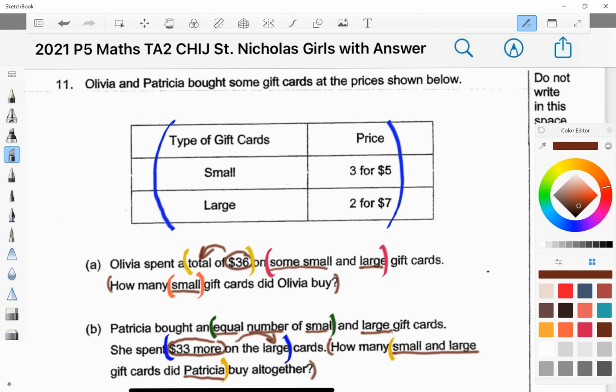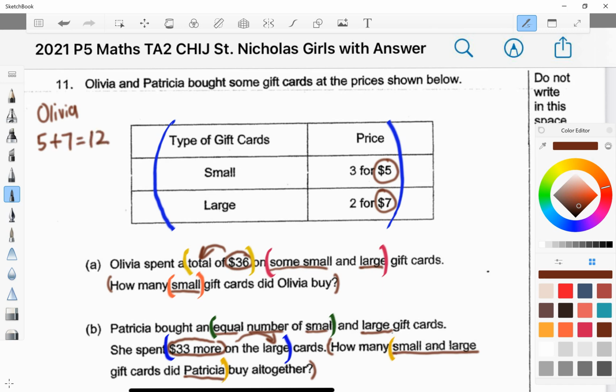And as I'm looking at this question for Olivia, my eyes are zooming into these two numbers here, the $5 and the $7. So the reason why I'm circling them, as you can see, do you realize that for Olivia, 5 plus 7 is actually 12.